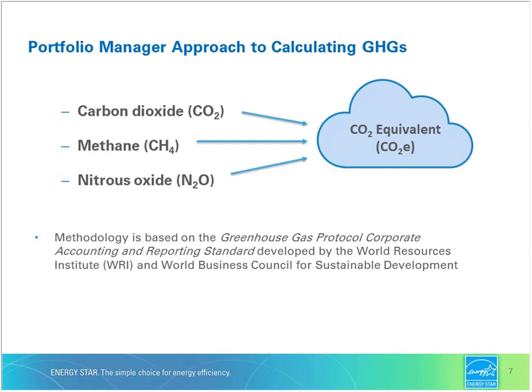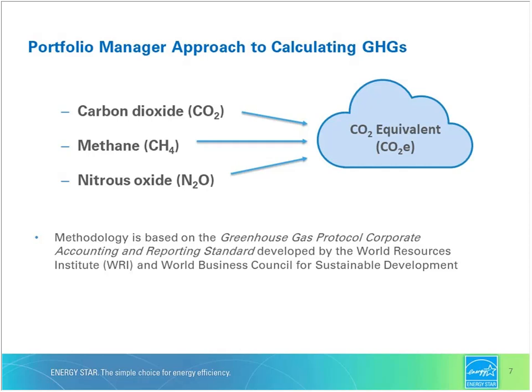The methodology for calculating GHG emissions in Portfolio Manager is based on the Greenhouse Gas Protocol Corporate Accounting and Reporting Standard, developed by the World Resources Institute and the World Business Council for Sustainable Development. I did want to note that there are some limitations as to what sources of emissions are tracked within Portfolio Manager.